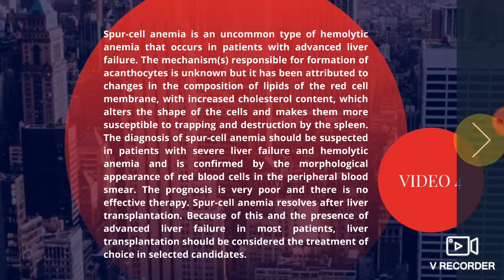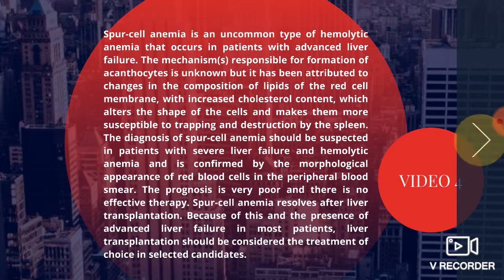The diagnosis of Spur-cell anemia should be suspected in patients with severe liver failure and hemolytic anemia and is confirmed by the morphological appearance of red blood cells in the peripheral blood smear. The prognosis is very poor and there is no effective therapy.